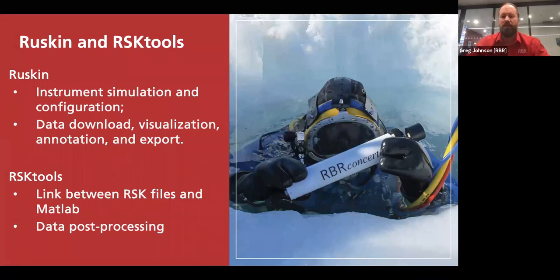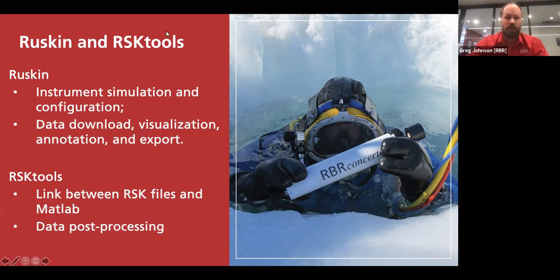We do have an alpha version of RSKtools in Python, and you might be using another language like Julia or R or any number of things. The MATLAB toolbox serves as the prime example of the structure of code that's necessary to read those tables. I'll talk a bit more about that in a second.